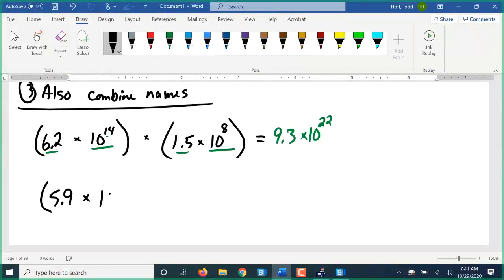I might have 5.9 times 10 to the negative 13th times 3.8 times 10 to the negative 7th.